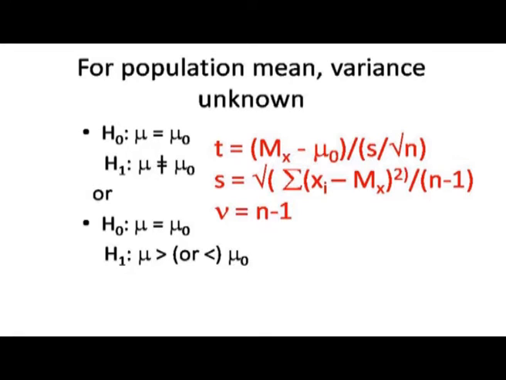If the alternative hypothesis is mu not equal to mu 0, then you are using a two-sided test. If the alternative hypothesis is either mu is greater than mu 0 or mu is less than mu 0, then you are using a one-sided test.